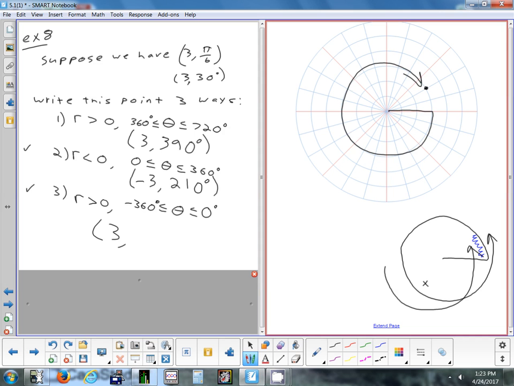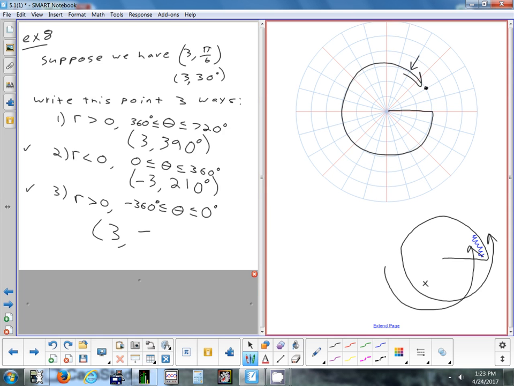Okay, so we know it's going to be a negative because the angle is between negative 360 and 0. And how many degrees is it to go over what I just traced? Tom? 300.